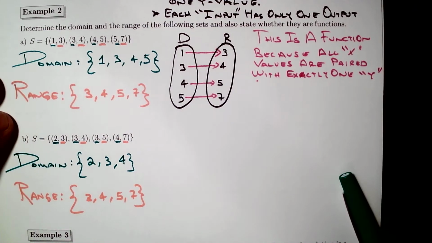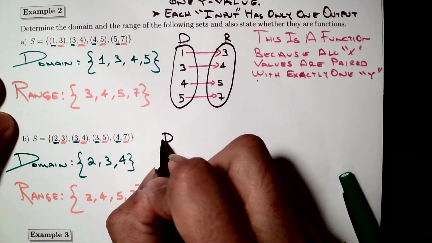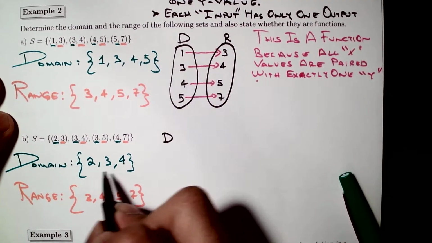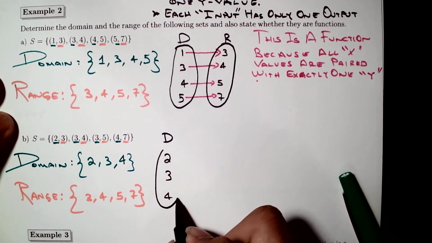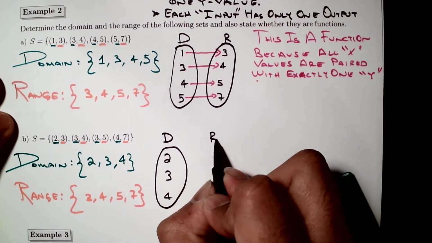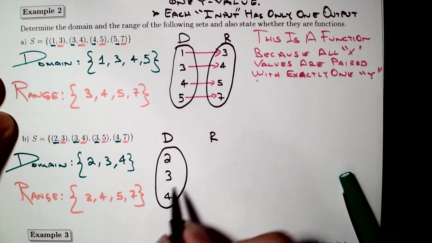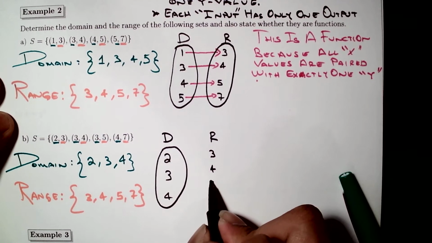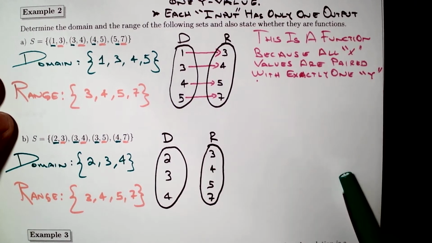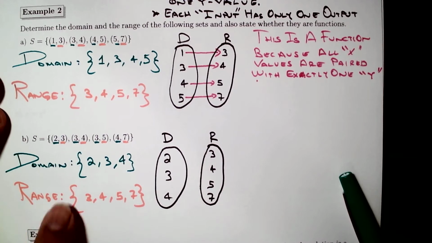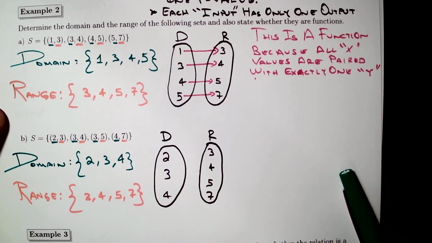To have a better visual, let's draw this as a map in vertical form: 2, 3, 4. And the range, same for the range: 3, 4, 5, 7. Okay, and we're going to study every single ordered pair to see if we are going to find something weird, and in this case we will.